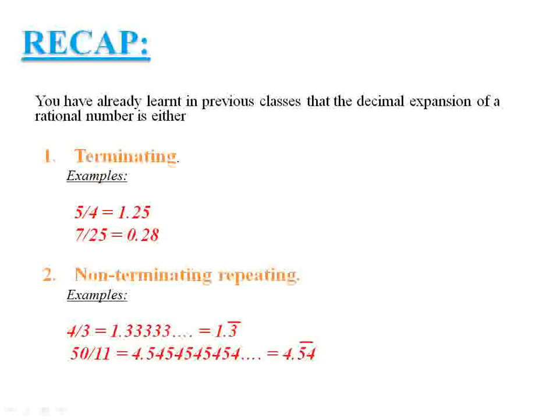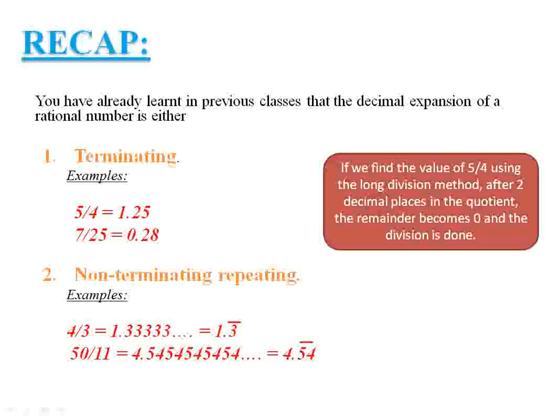Examples of terminating decimal expansions of rational number are 5 by 4 and 7 by 25. If we find the value of 5 by 4 using the long division method, after 2 decimal places in the quotient, the remainder becomes 0 and the division is done. Since the remainder becomes 0 in the long division method, these numbers are terminating decimal numbers.